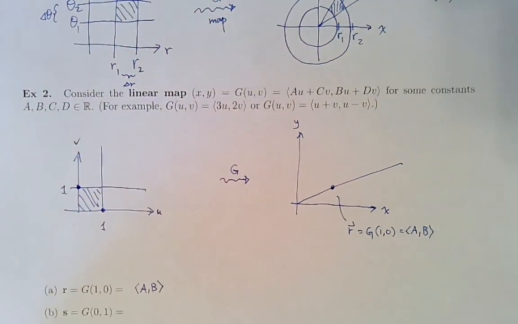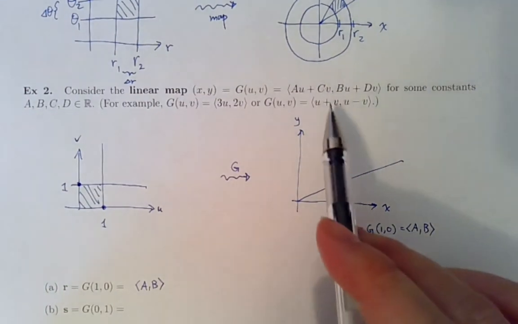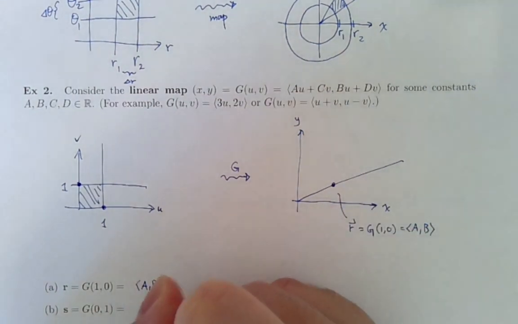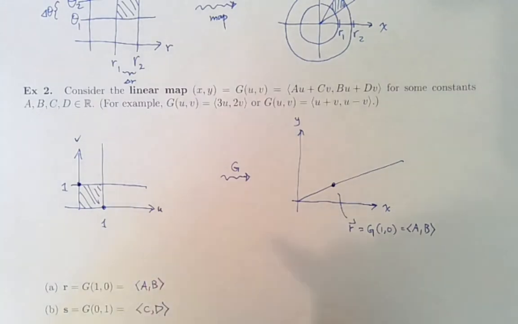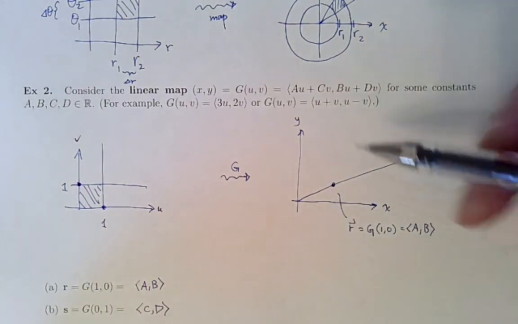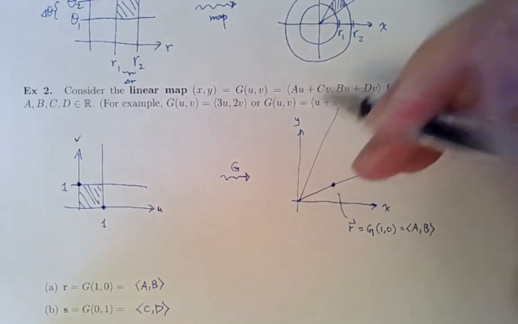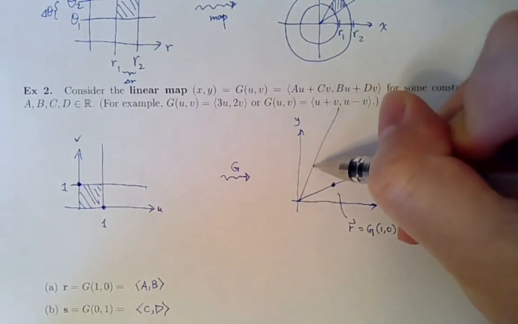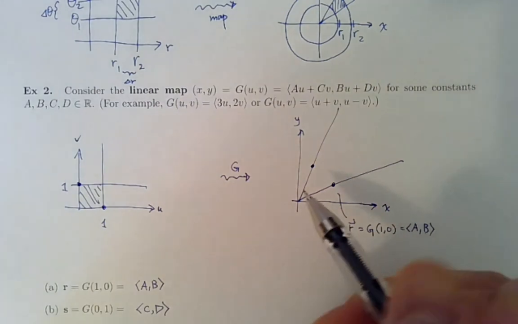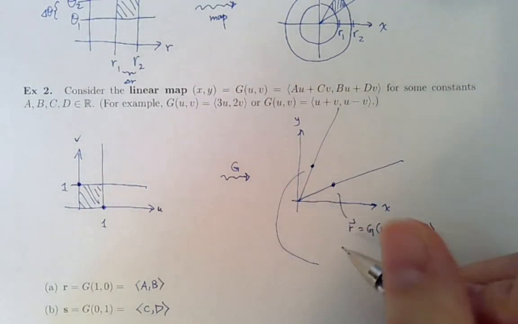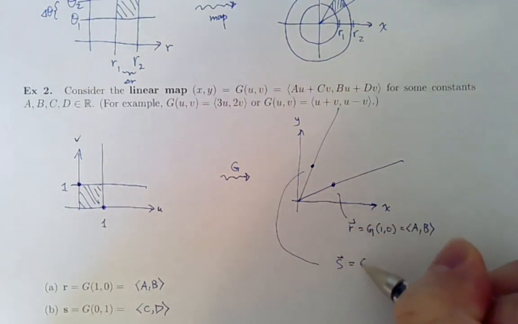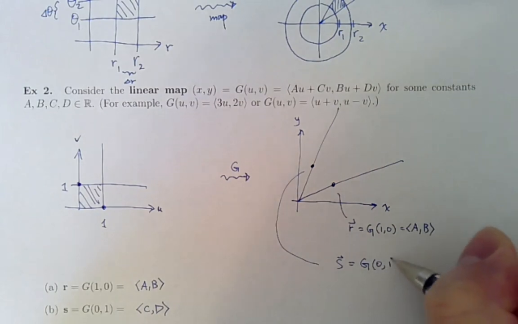That's the next question. So s of 0, 1, if we plug it in, we get c, d. This is why I wanted to interlace the A, B, C, and D in that weird way. Okay. C and D. So let me draw another line here, and then say that this point is s equals g of 0, 1, which is c, d.